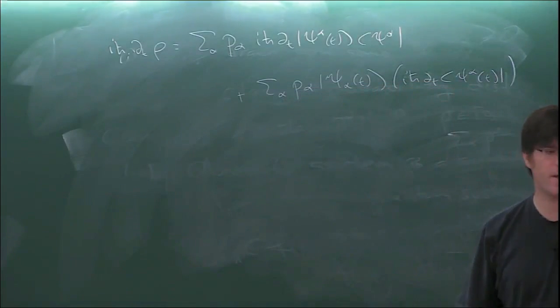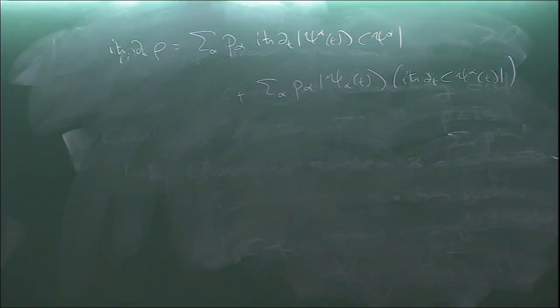In writing this, I'm making the assumption that I draw my state from a probability distribution at some fixed time t, say t equals 0, and after that time, this state evolves according to the time-dependent Schrödinger equation.